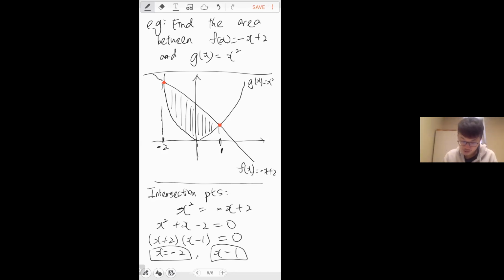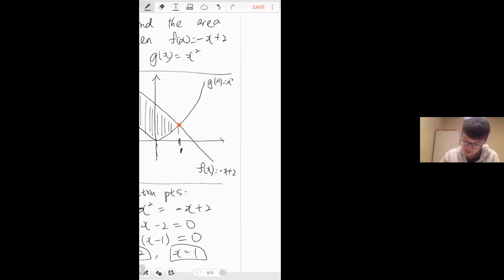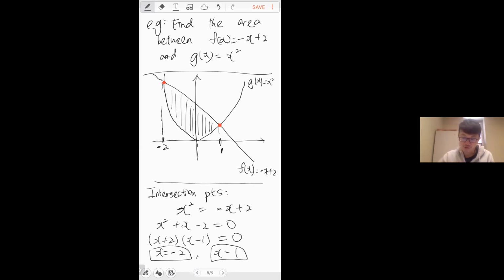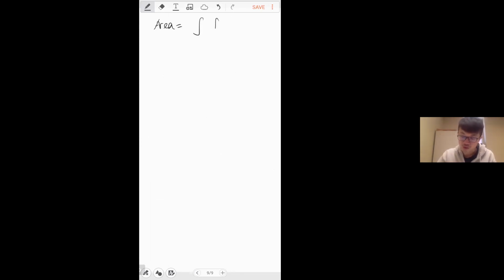All right, so now you would set up your integral. So the area now becomes, you know from the graph that f of x is always above g of x. So you just do f of x minus g of x.